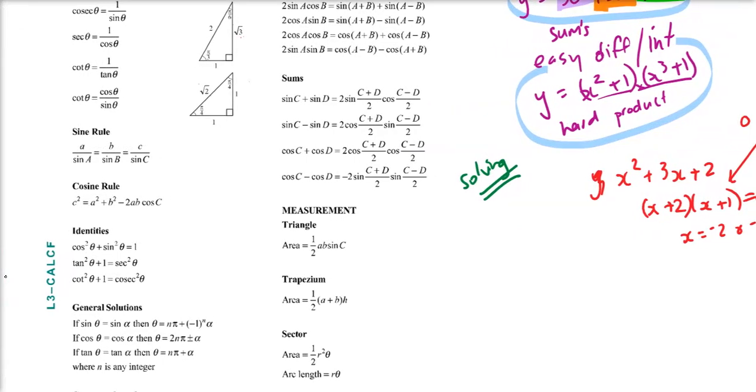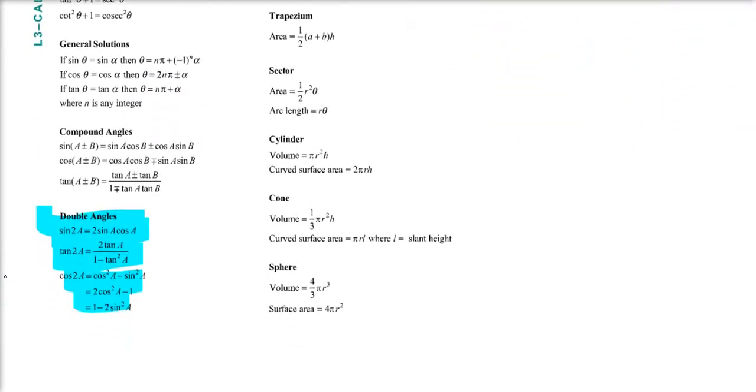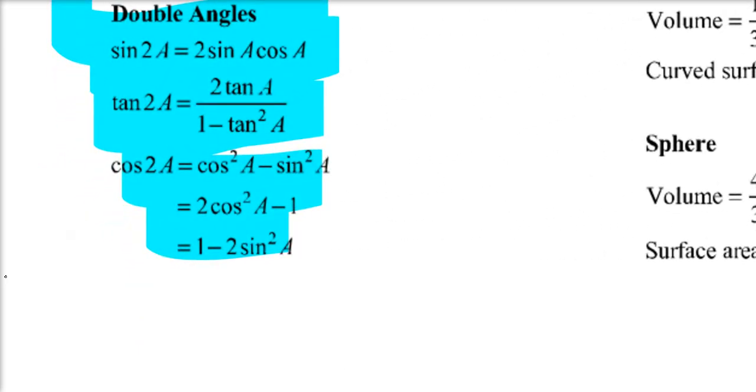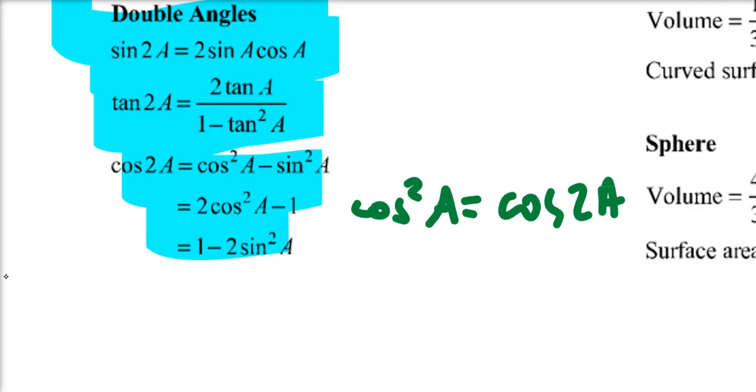Ultimately, what you could have used down here is these double angle formulas. You could say here that cos squared A is equal to cos 2A plus 1 all over 2, and you can integrate that. That's harder.